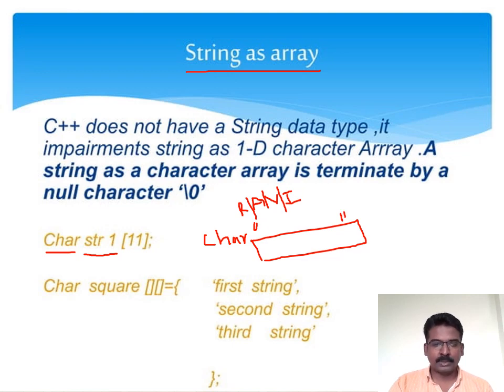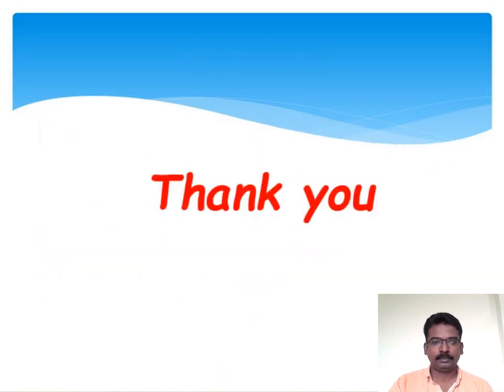We split the string into characters and store them in separate locations. Now this problem has been solved. What is our aim? We have to store a string, which we have stored by breaking it into characters using the character array. So these are all about arrays in C and C++.